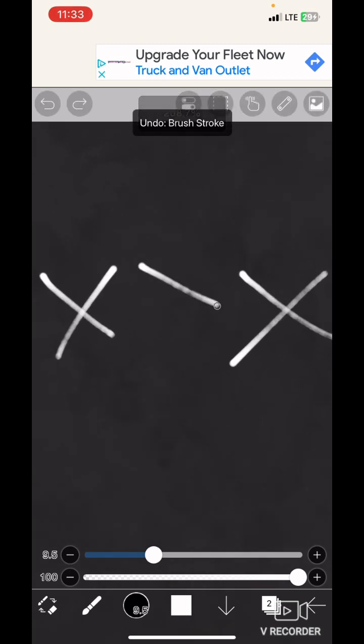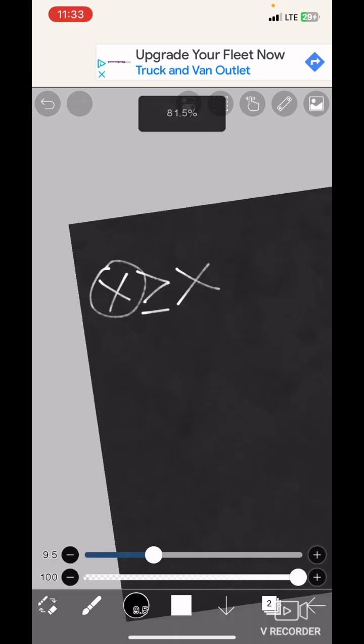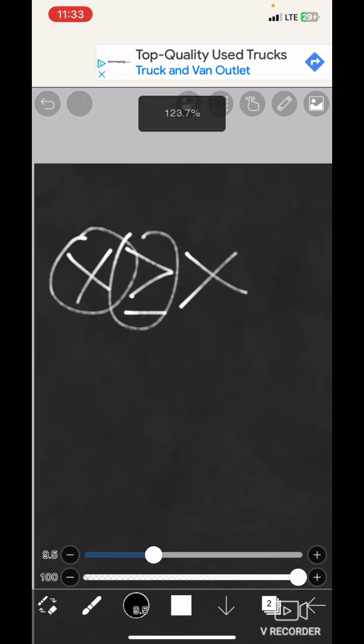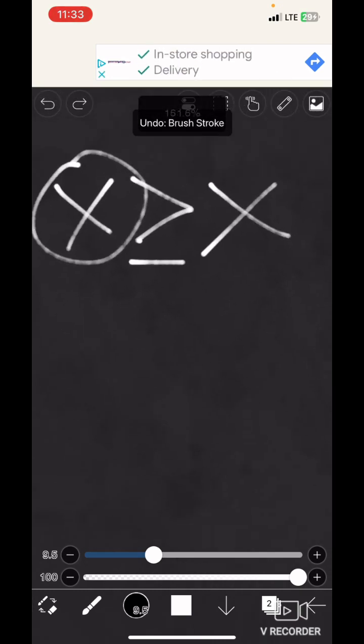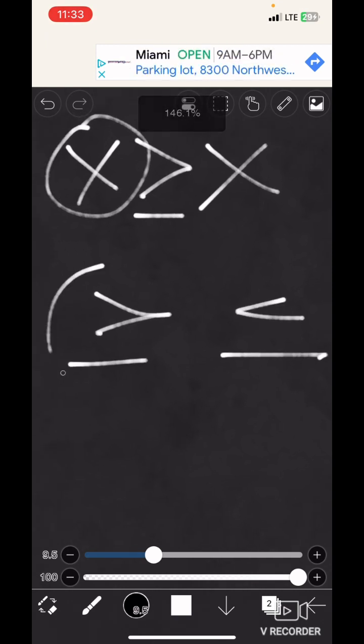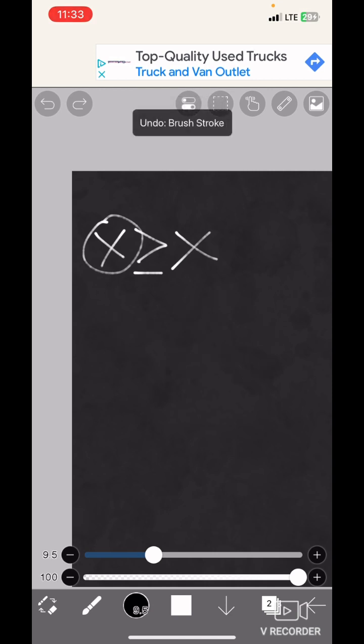For example, if we have a number that is greater than or equal to, these symbols, this is greater than or equal to, this is less than or equal to.